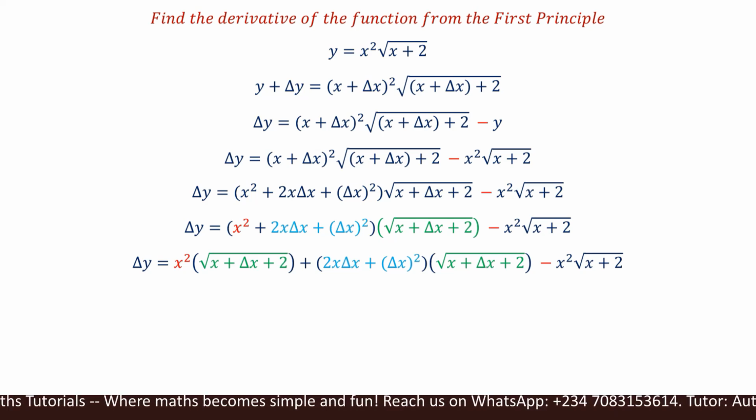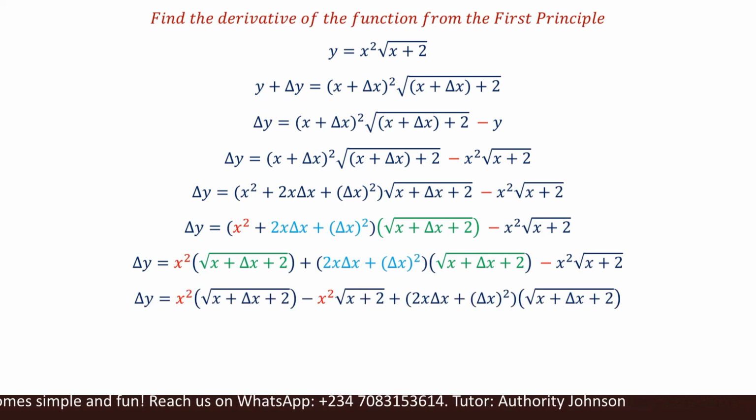Now, let's rearrange this last term where we have minus x squared square root of x plus 2, let's bring it closer to the first term, right? So meaning you are going to have change in y is equal to x squared square root of x plus change in x plus 2 minus x squared square root of x plus 2 plus 2x change in x plus change in x in bracket squared multiplied by square root of x plus change in x plus 2.